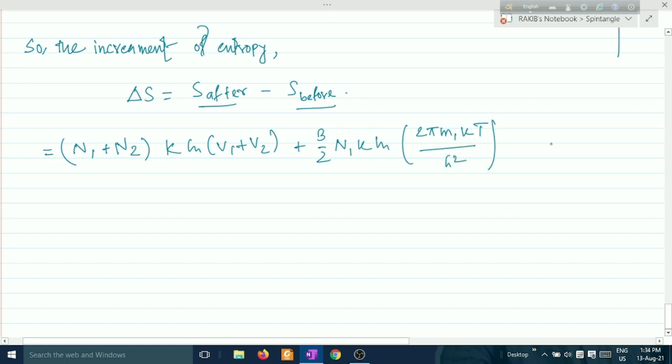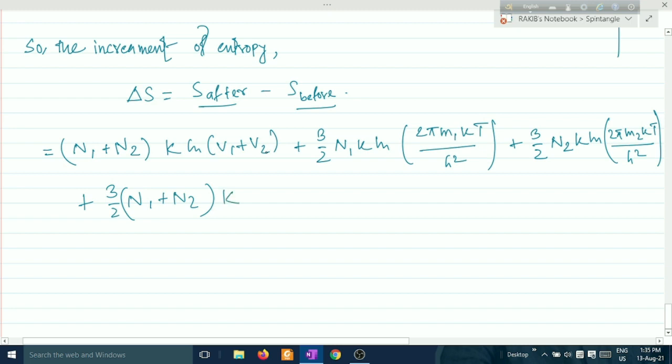Write this carefully so that you do not make a mistake. Then 3 by 2 n2 k ln 2 pi m2 kT by h square, plus 3 by 2 n1 plus n2. We are the lazy people and we have to do this kind of work.